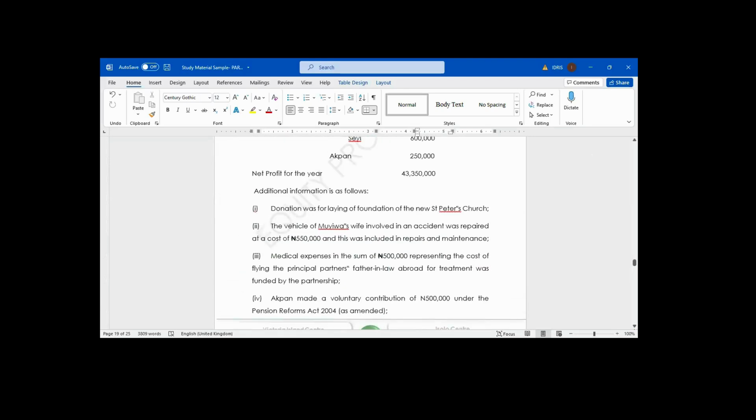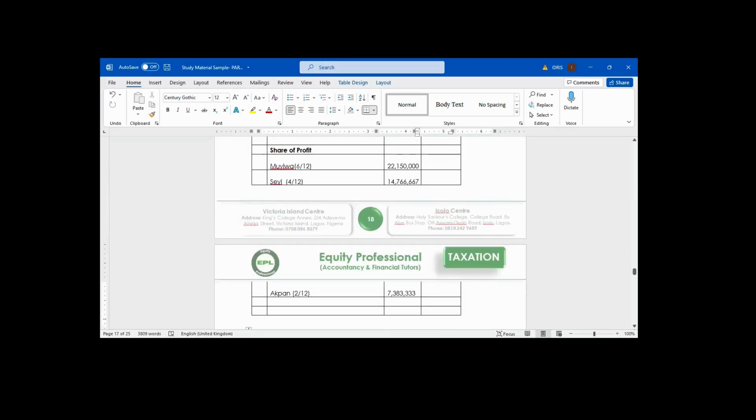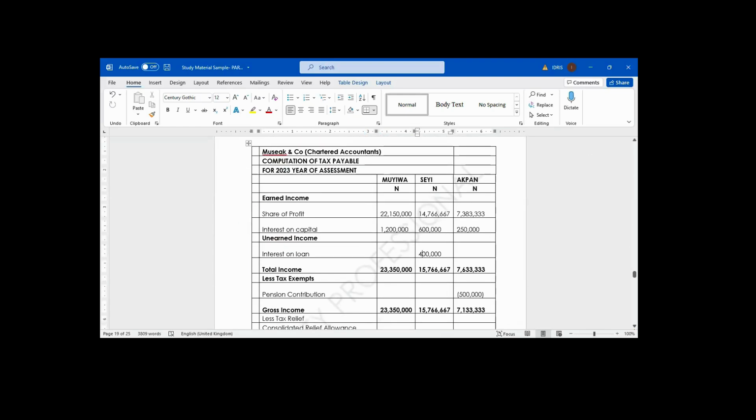Yes, who has a tax exempt? ICAN, 500,000. So you less it. Once you less tax exempt, you get gross income.